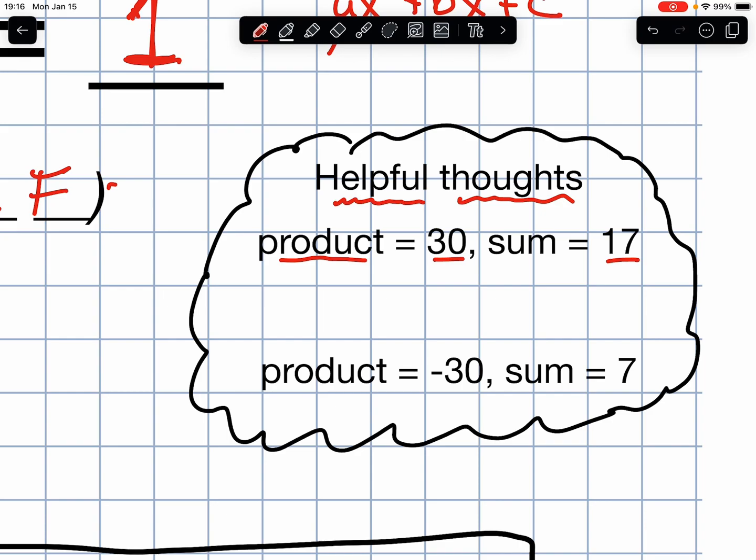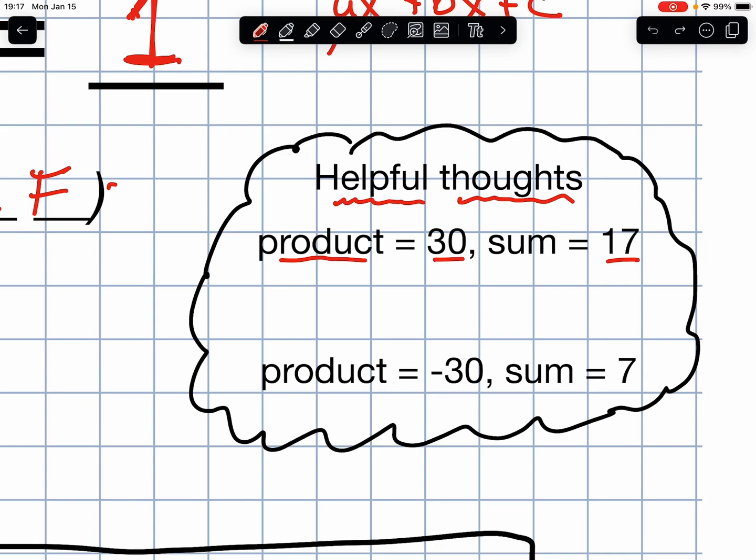For example, 3 times 10 is 30, so they're a product, but 3 plus 10 is 13. This is going to be a common exercise of yours in today's lesson. Hopefully you've thought of it by now. Again, 6 times 5 won't work because they add up to 11, though they multiply to give you 30.